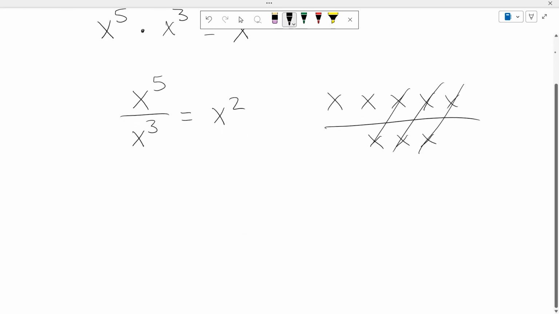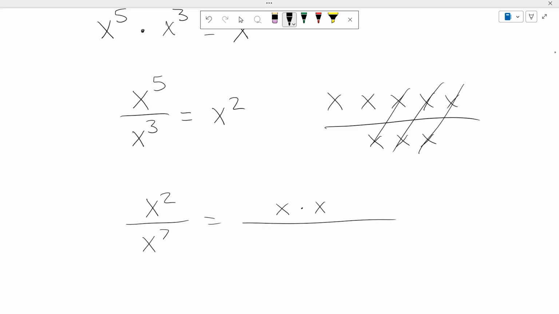What if we had x to the second over x to the seventh? Well, we have 2 x's up here, and 1, 2, 3, 4, 5, 6, 7. So if we cancel and cancel, what's left on the top? And don't say nothing, and don't say 0.